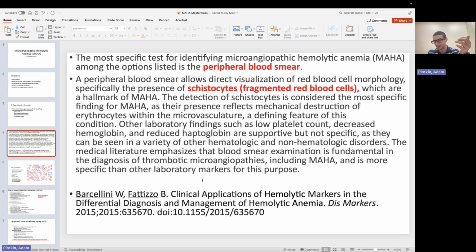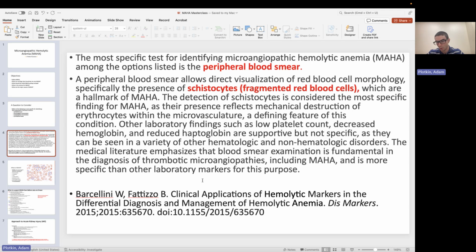Inherited causes are hemoglobin problems, enzyme problems, and membrane problems. Examples of hemoglobin problems would be sickle cell, thalassemia, hemoglobin C, and unstable hemoglobin. Enzyme problems would be G6PD deficiency and pyruvate kinase deficiency. Membrane problems would be hereditary spherocytosis, elliptocytosis, stomatocytosis, and xerocytosis.